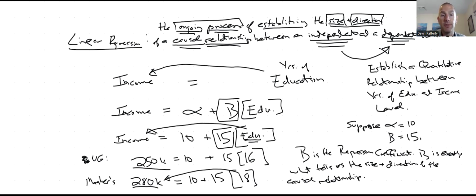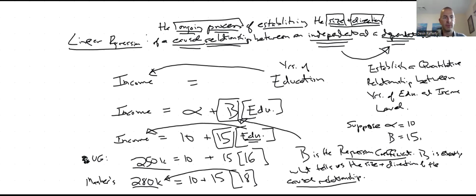Beta is what we're after. The regression coefficient is what tells us the size and the direction of our causal relationship.